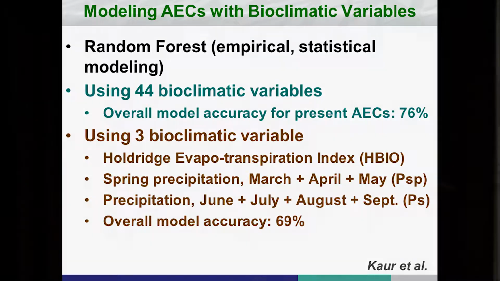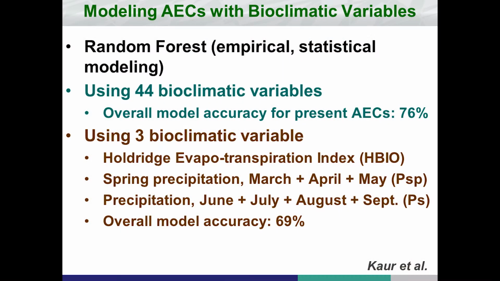We could use predictions of future changes in bioclimatic variables to actually see if we were to impose those changes on current situation in terms of technology, et cetera, what kinds of shifts we might expect. So this was a question that was headed up by a doctorate student of mine, Harsimran Kaur, with lots of help from many of you in the audience.